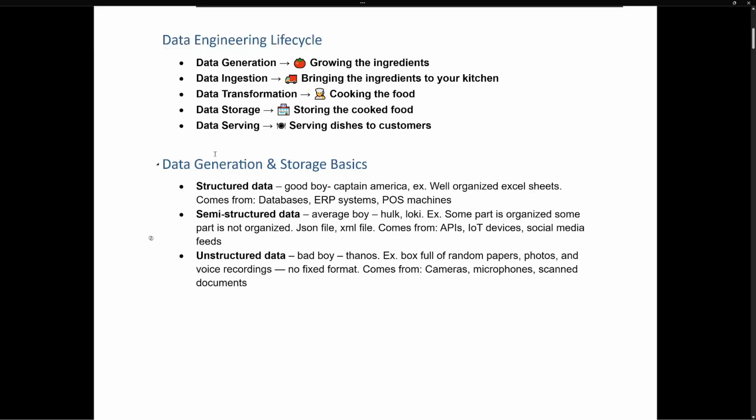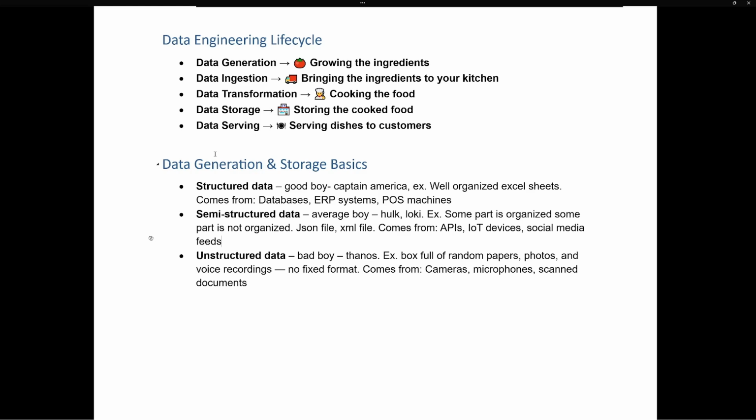Okay, so now next is the data engineering life cycle. Let's for example take a food engineering life cycle. Let's take an example of a tomato. First is data generation, means growing the tomato in your farm. Next is data ingestion, means bringing the tomato to your kitchen. First cut the tomato, then bring it to your kitchen.